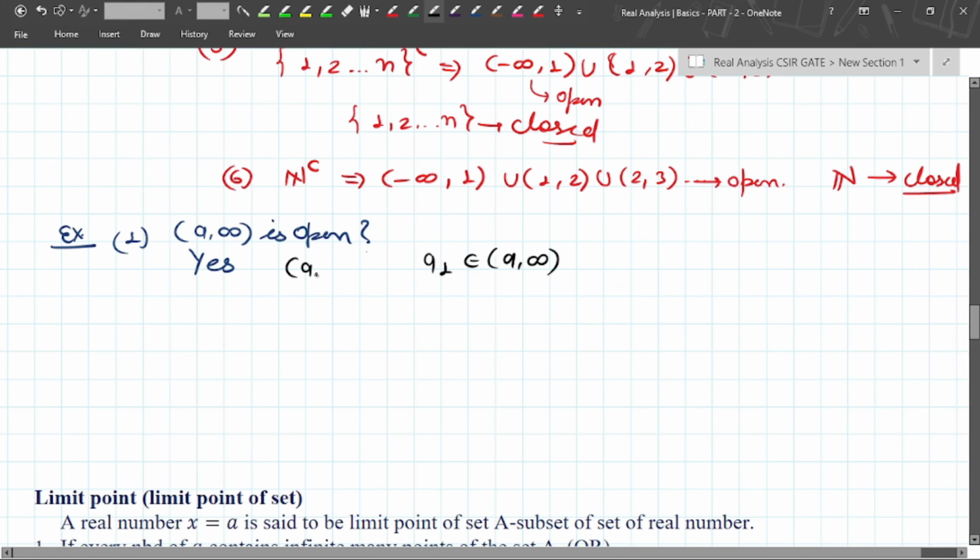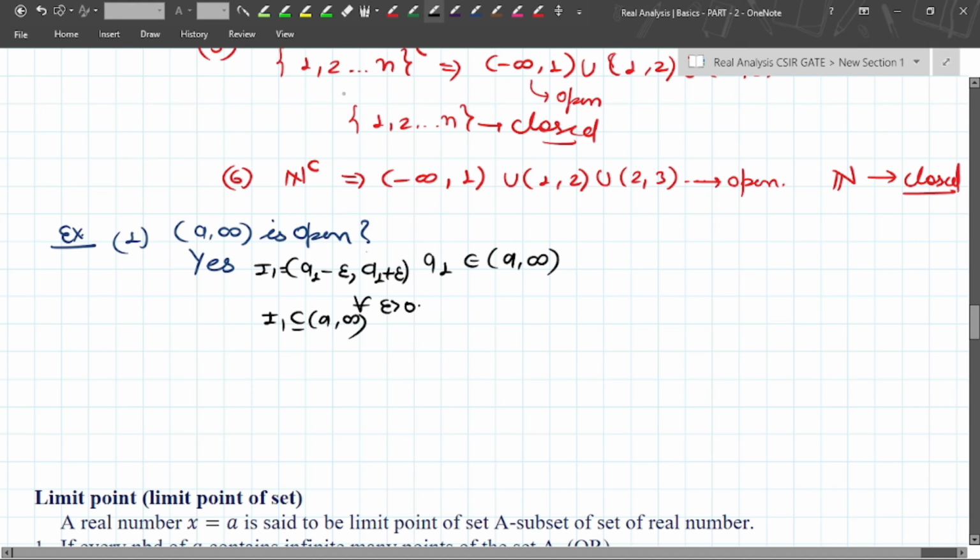If I write (a1 minus epsilon, a1 plus epsilon) for every epsilon greater than 0, this will be contained by this particular set. It means, let's say it is my I1, then I1 will be contained by (a, infinity). Okay, this is the thing.